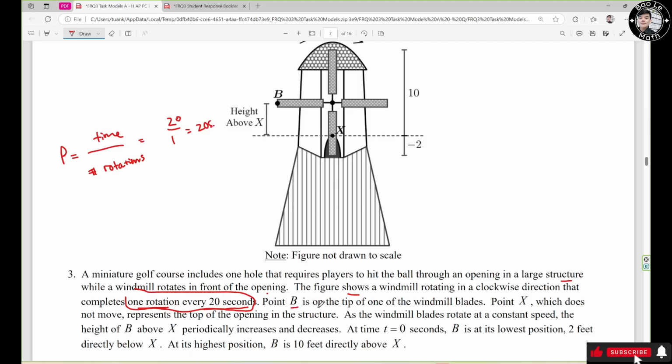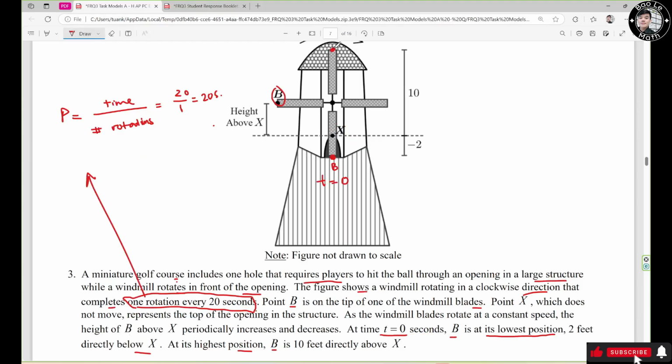Point B is on the tip of one of the windmill plates. Point S, which does not move, represents the top of the opening in the structure. As the windmill blades rotate at a constant speed, the height of B above S periodically increases and decreases. At time t equals 0 seconds, point B is at the lowest position, 2 feet directly above S. So this is the highest position, right?